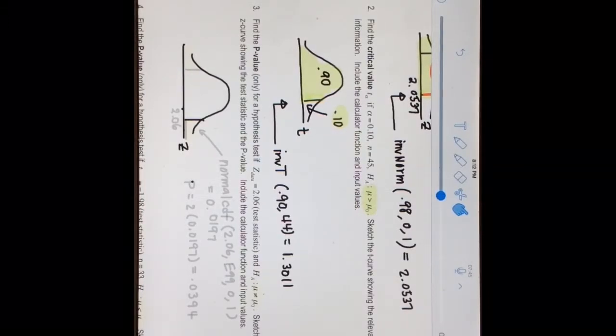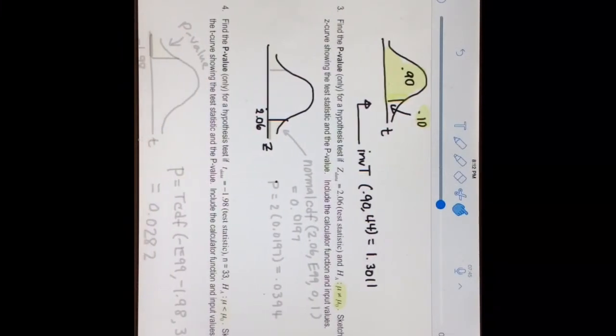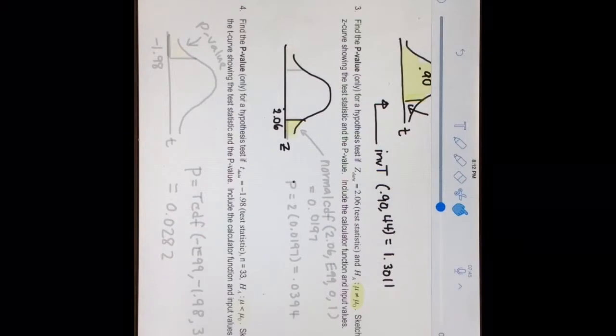Locate the test statistic. Now we have a not equal to sign, therefore we have two tails to test. So the p-value is in both tails. Okay, so in each tail there's half of the p-value.